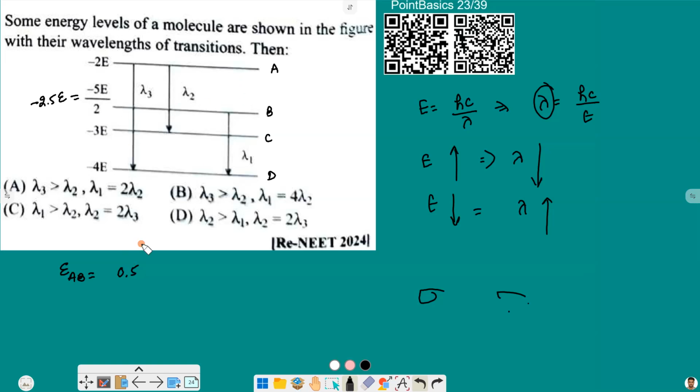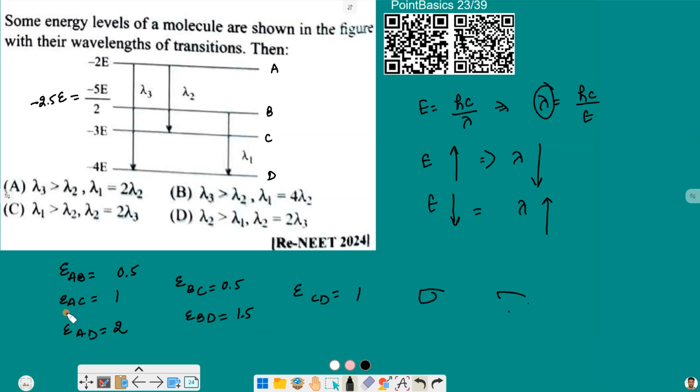Now between A and C, it will be 1 unit. Between A and D, it will be 2 units. Now for B and C, it will be again 0.5 units. And for B and D, it will be 2.5 minus 4, that will be 1.5 units. And the last is between C and D, and that will be 1 unit.